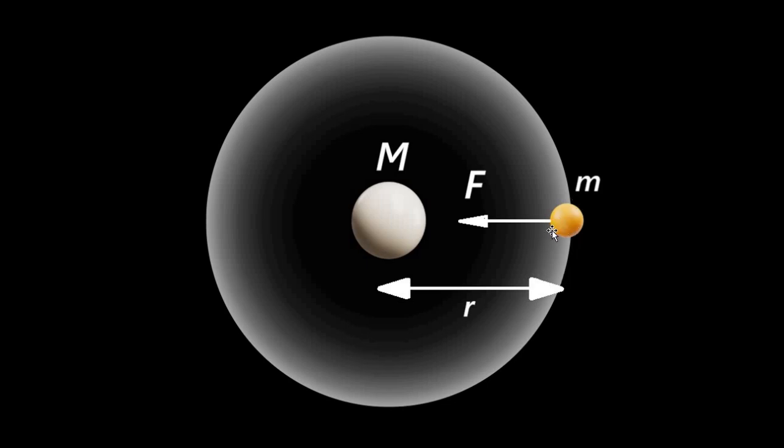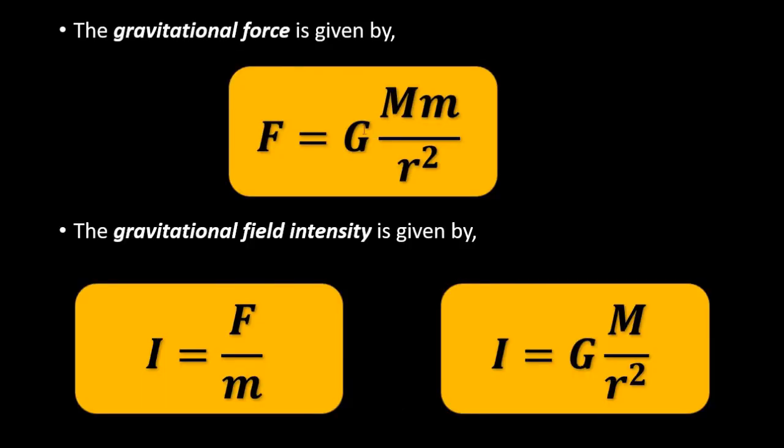So here there will be a gravitational force of attraction exerted by this white mass on this yellow mass. There will be a reaction force also, but now we are talking about the gravitational force exerted by the white mass on the yellow mass. As per Newton's universal law of gravitation, this gravitational force will be equal to G M m by r square.